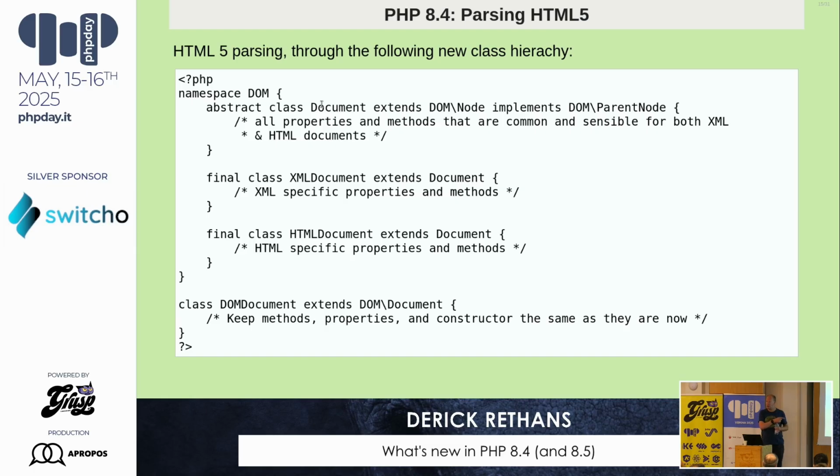But that's also something we could now fix, because by creating this extra class in this namespace, we can fix all these things in there, and then you as a user can opt in to using this fixed behavior. So that also makes it possible to introduce new functionality without breaking existing functionality, which is something that we always try to do. Not always succeed, but always try to do.